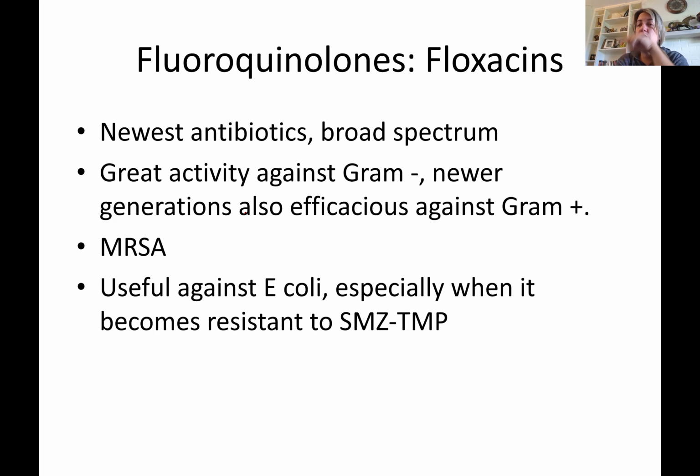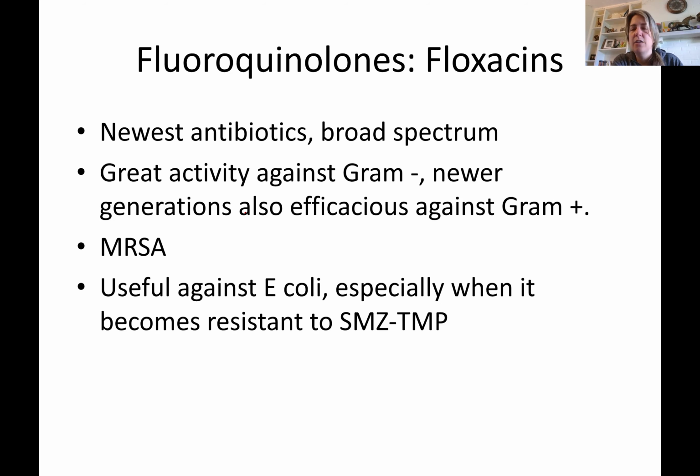Generally, you want to use one that's more narrow to kill exactly the bacteria that's causing the problem, and that's why doing a culture and antibiogram is important. But when you don't know and the animal is septic and is going to die anyway, you use something more broad spectrum. It is newer. It is also very useful against gram-positive and gram-negative bacteria. It's what's used to treat MRSA these days.